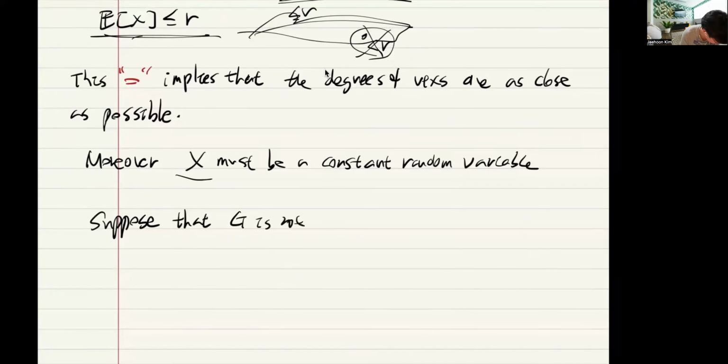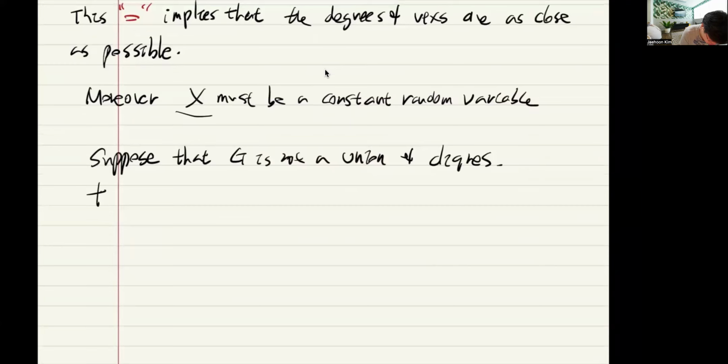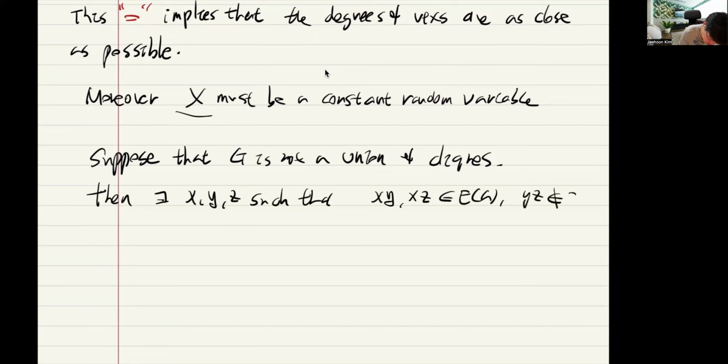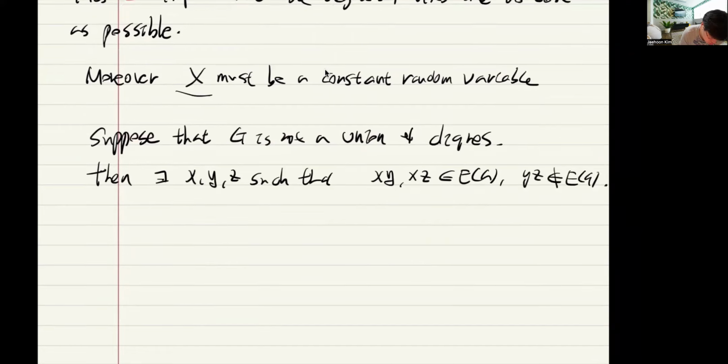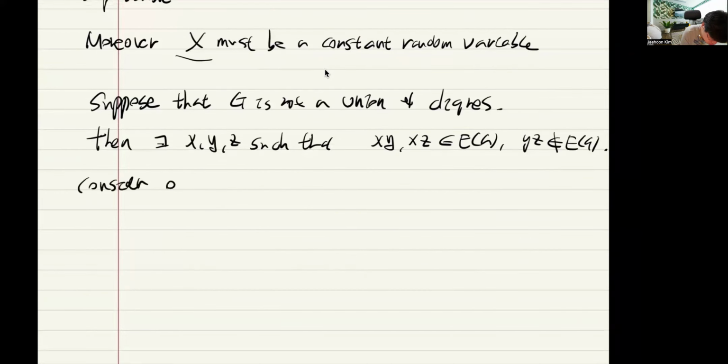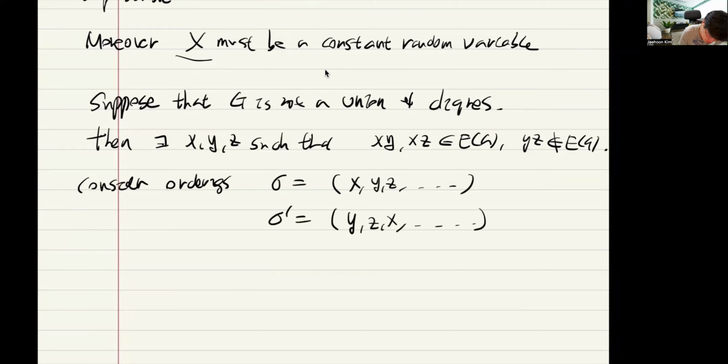Suppose that G is not a union of cliques. Then there will be three vertices x, y, and z such that xy and xz are edges, but yz is not an edge. And what we do, we consider an ordering sigma which starts with x, y, z, and then later you write the rest arbitrarily, and then another ordering where you write y, z, x, and then the same rest, so these two parts are identical.